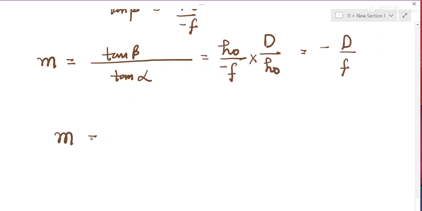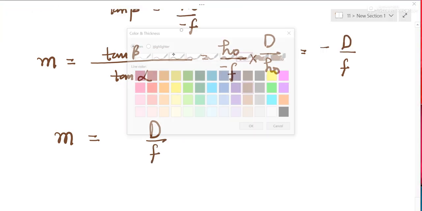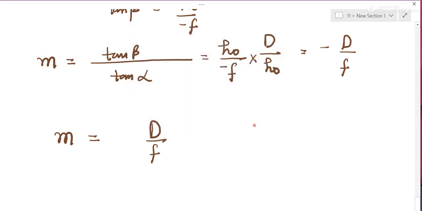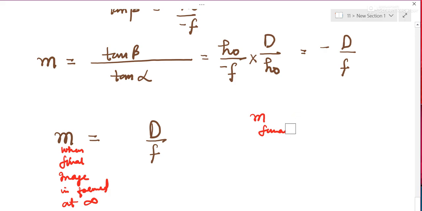So magnification in this case is D by F. This is the angular magnification when the final image is formed at infinity, and the magnification when the final image is at least distance of distinct vision, that is the first case, is 1 plus D by F.